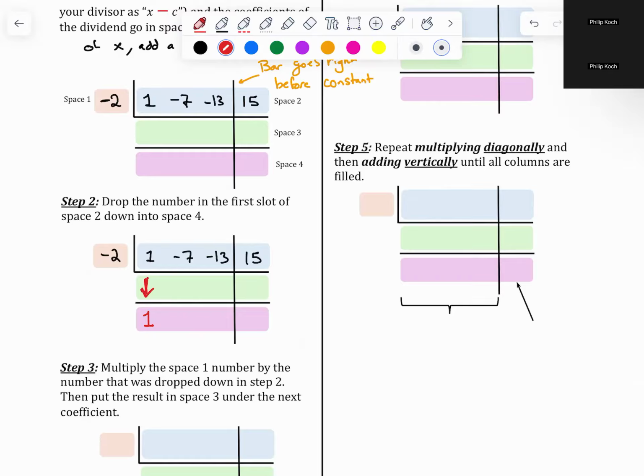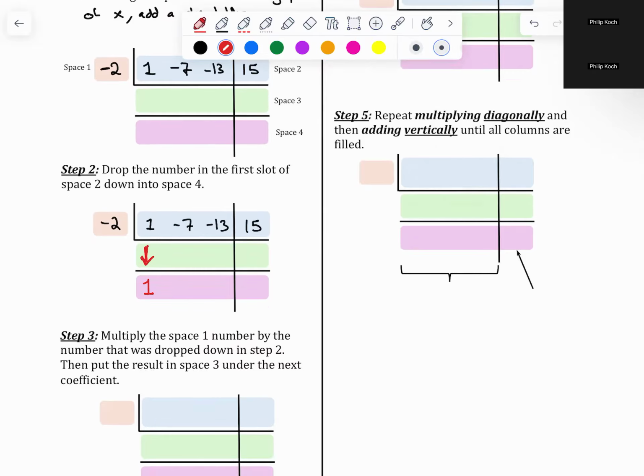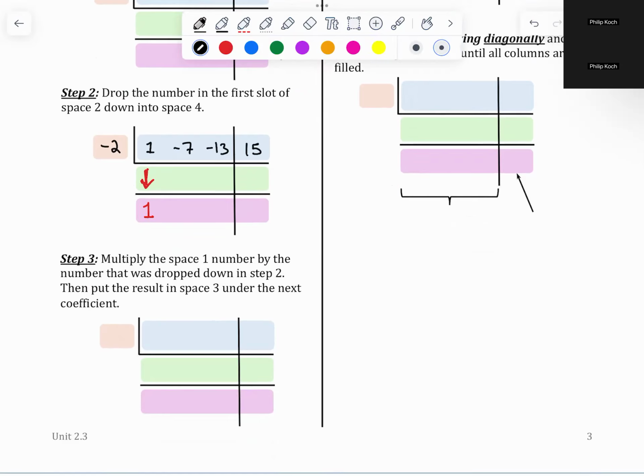Then from here on out, we're going to multiply your c value, your space 1 number, by the number that gets dropped down in step 2 and put the result in the next slot in space 3. So let's see that in action. Negative 2, 1, negative 7, negative 13, positive 15. We brought down the 1. And this is the new step. I'll do it in blue.